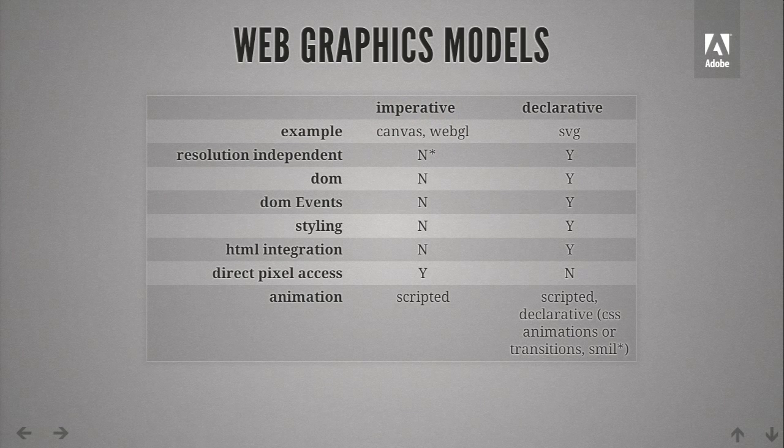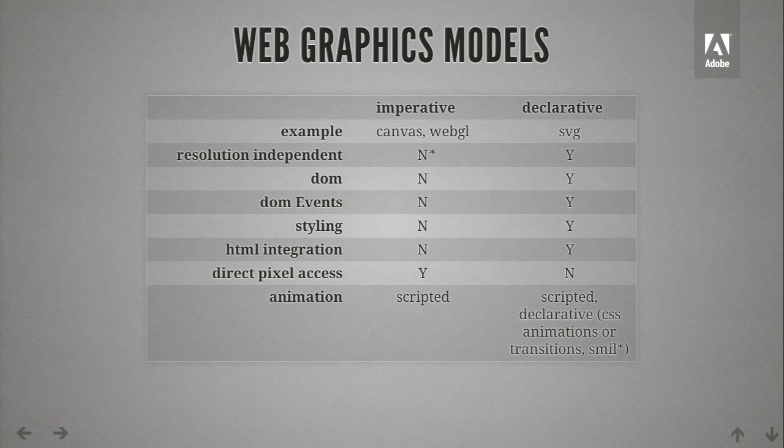You've got pixel access to it, but you're missing things like DOM events, styling, the real HTML integration, and you're on your own for a lot of things like animation. By contrast, SVG is very declarative, has a nice API, has DOM integration and eventing, but it doesn't give you pixel access. So everything you draw has to be a DOM element, and sometimes that's limiting if you want to draw a lot of them. And I'll show examples of that.